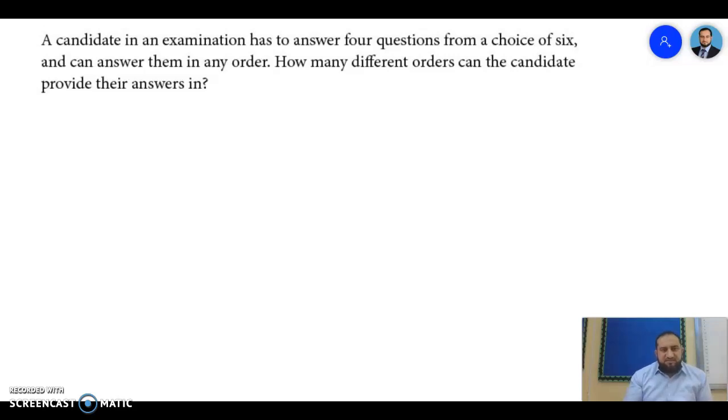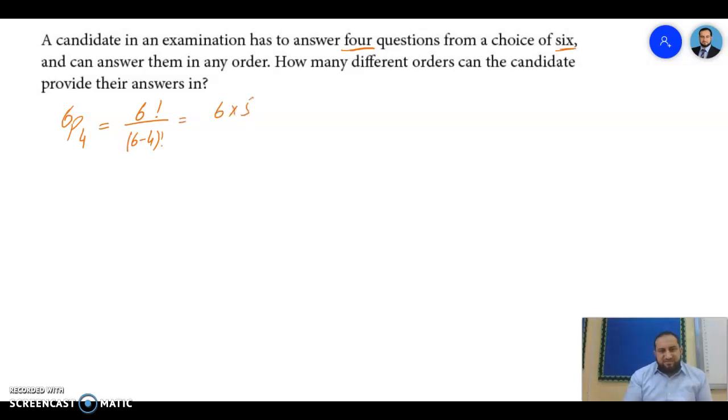A candidate in an examination has to answer 4 questions from a choice of 6 and can answer them in any order. How many different orders can the candidate provide their answers in? Since there are 6 choices and he can choose only 4, this will be 6P4, so 6 factorial over (6 minus 4) factorial.